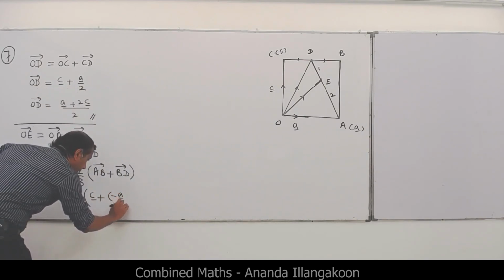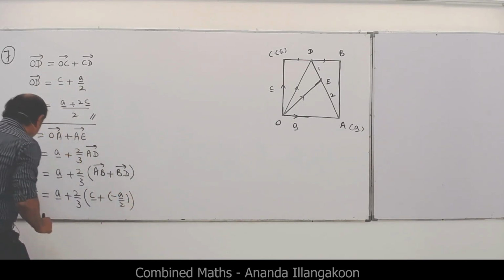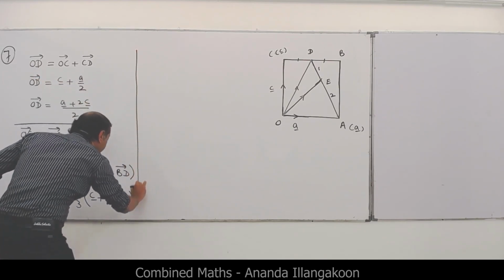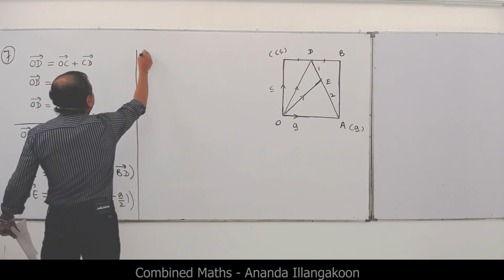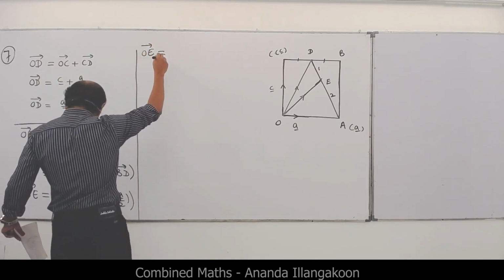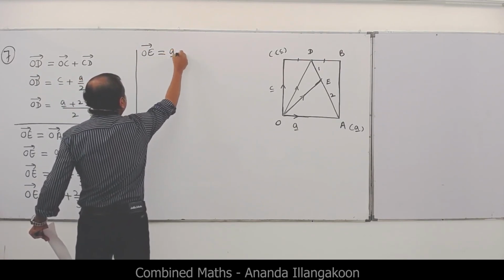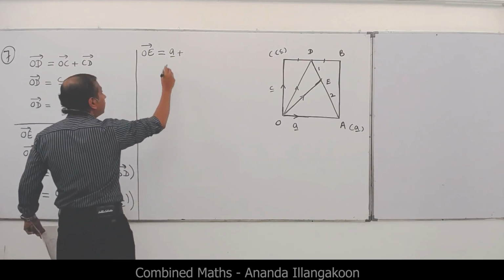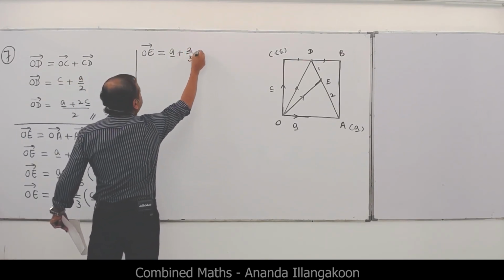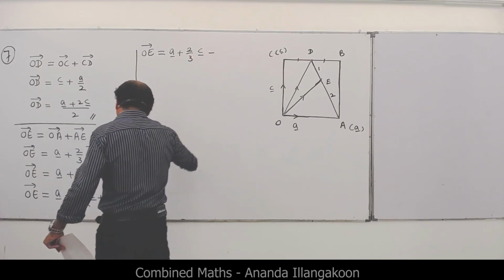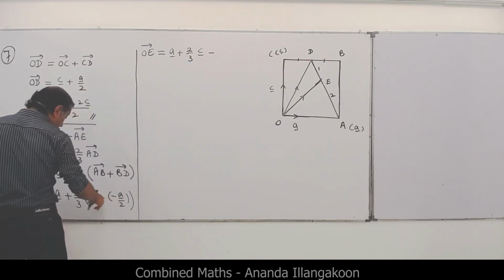Then OE vector we can write as simple A vector plus 2/3 C vector minus A by 3; 2 and 2 we can cancel.